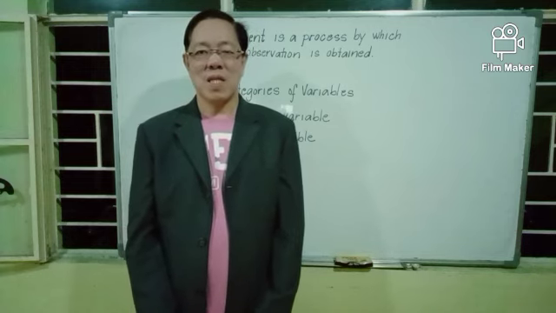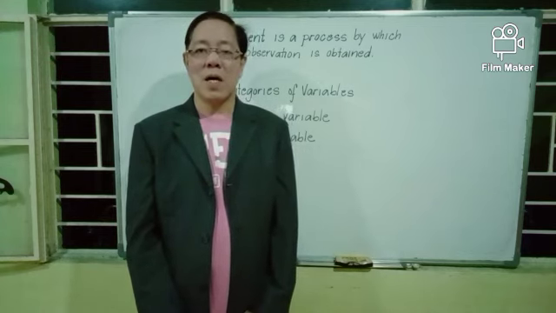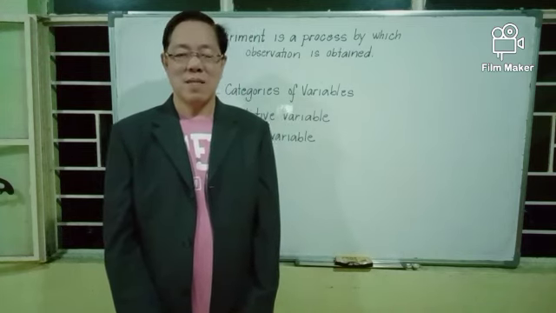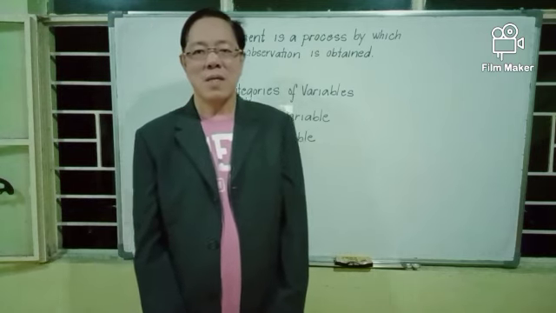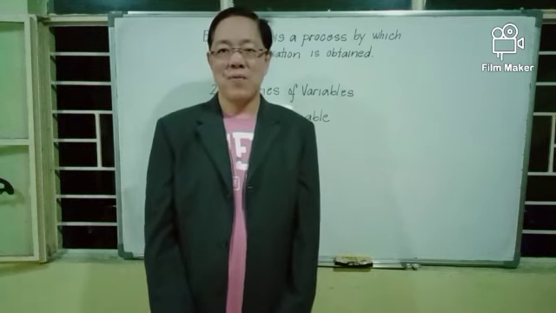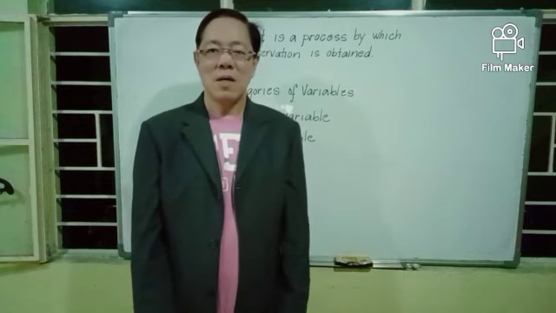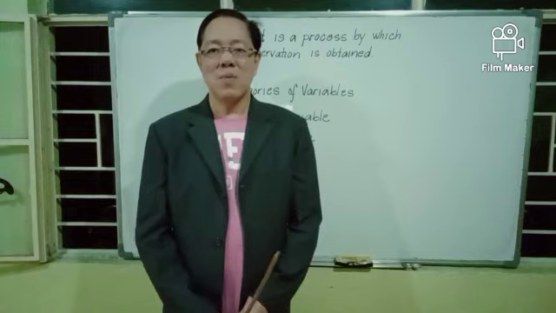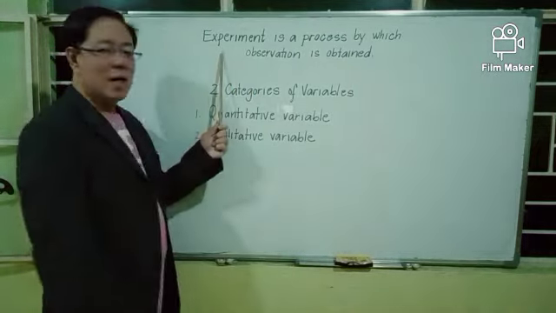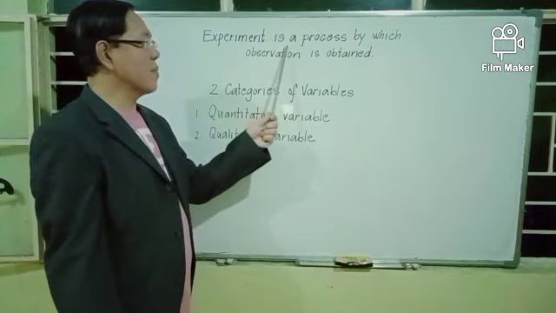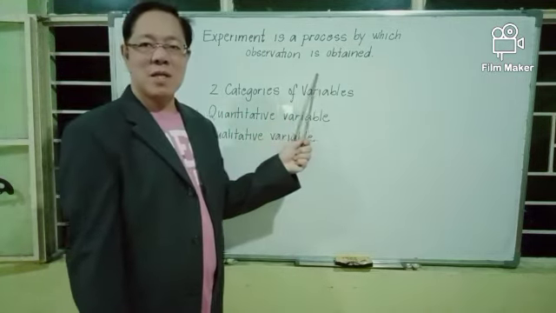First, we start with experiment. In Statistics 1, we define experiment as any activity that generates data. Now, we formally define experiment as a process by which observation is obtained.